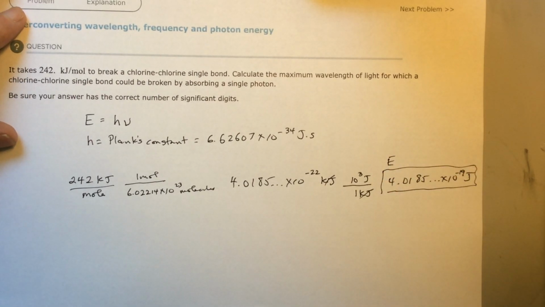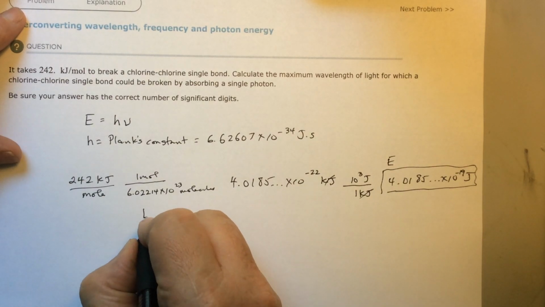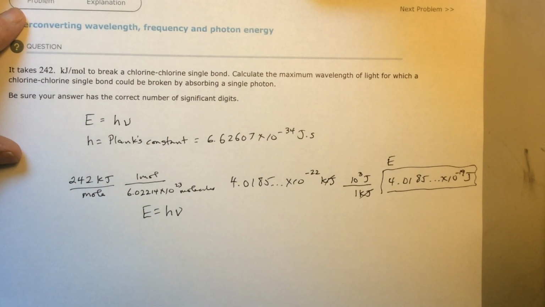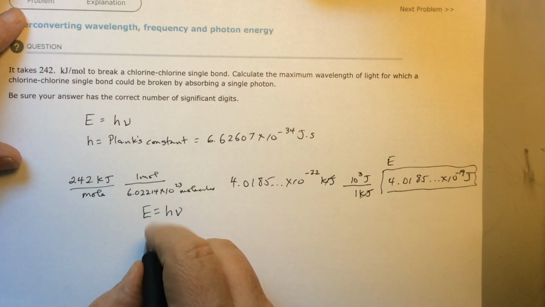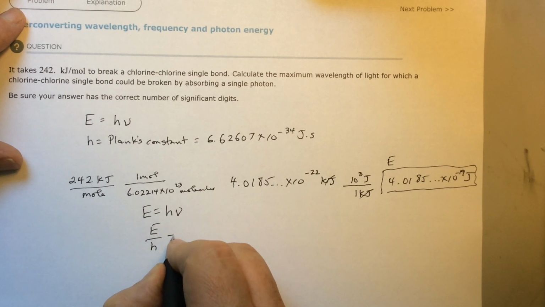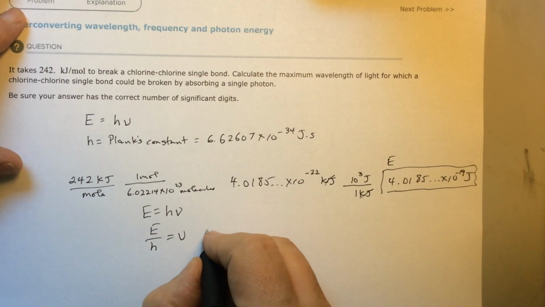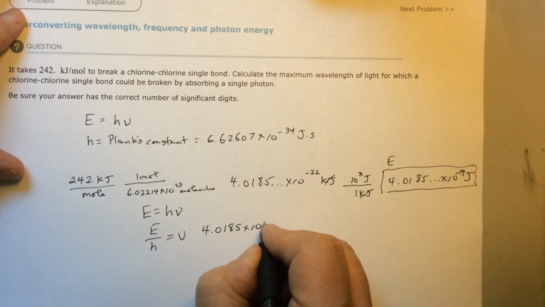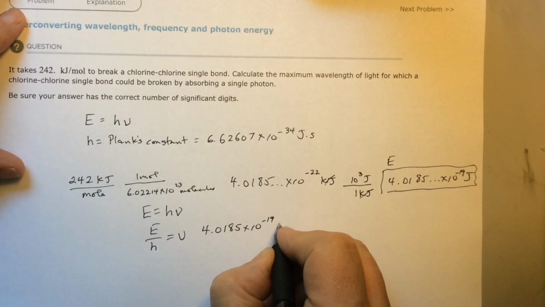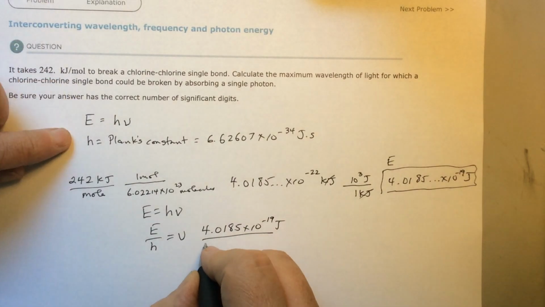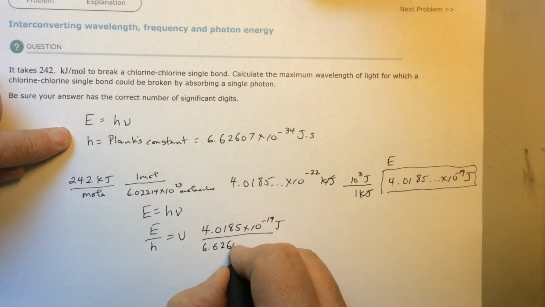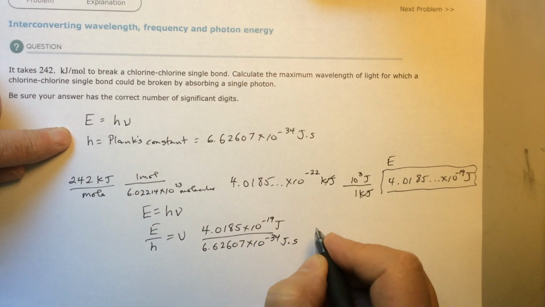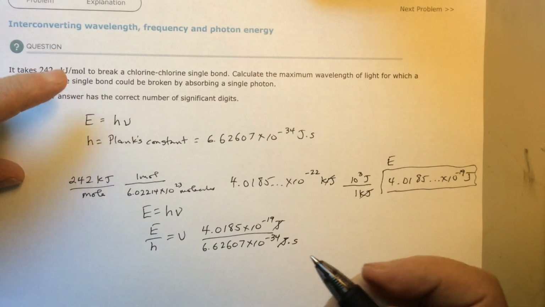That's energy. I have energy equals Planck's constant times frequency. I want to solve for frequency, so I have E over h equals frequency. My energy is 4.0185 times 10 to the negative 19 joules. Planck's constant is 6.62607 times 10 to the negative 34 joules times seconds. Joules will cancel.